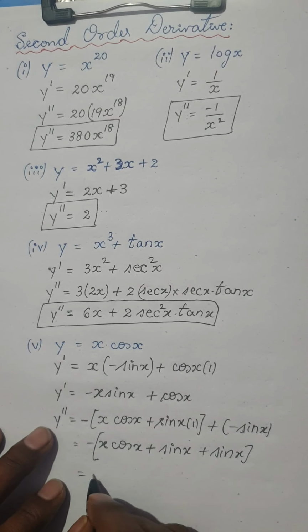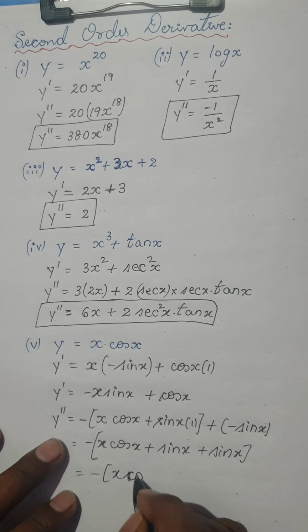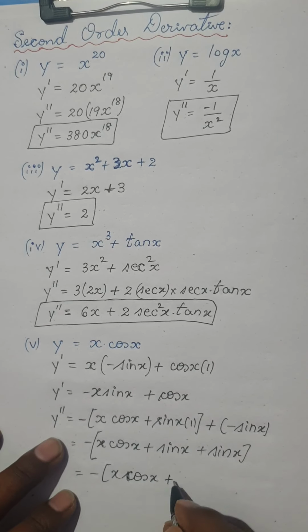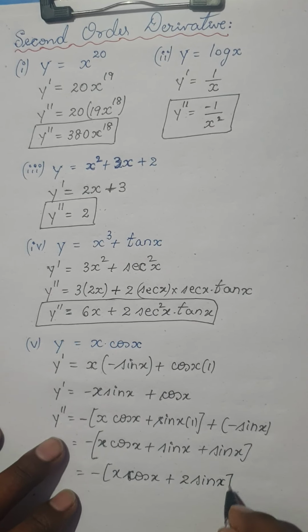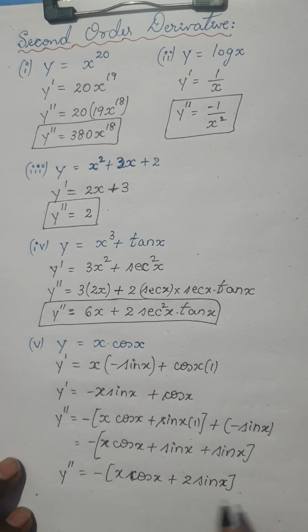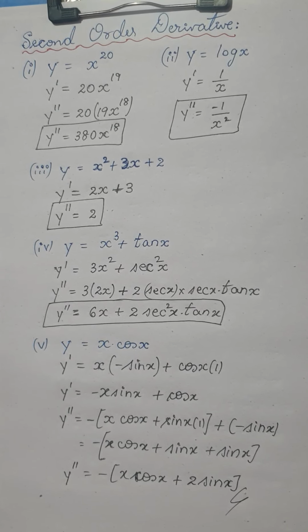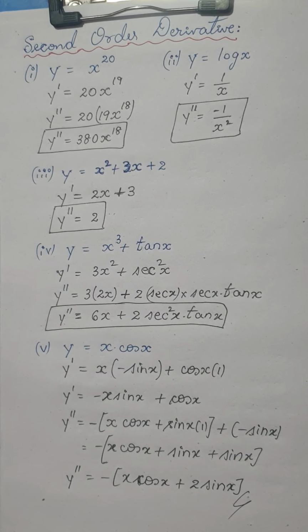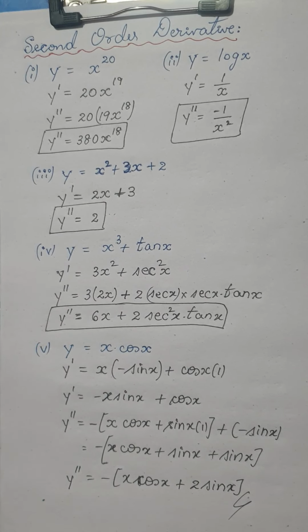So this is nothing but minus outside, I am going to get x cos x plus sin x plus sin x, that is nothing but 2 times sin x. So this will be my second order derivative. Right? Did you understand this? I think it's very simple. So we shall move on to the next question.